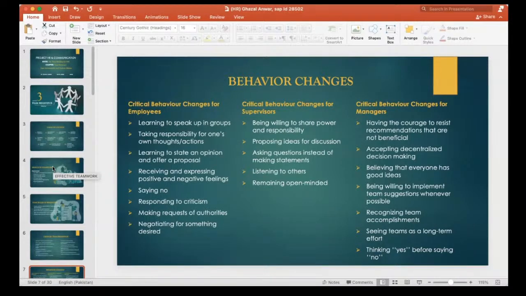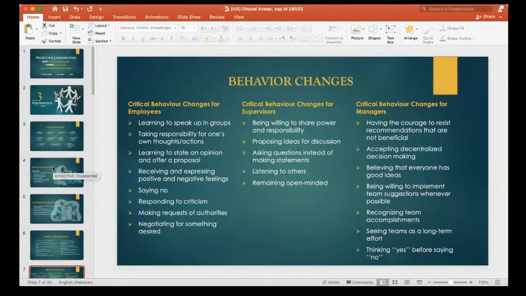If you are going to be an employee, you should adapt. The first is learning to speak up in a group, taking responsibility for one's own thoughts and actions. Every person should learn how to speak.